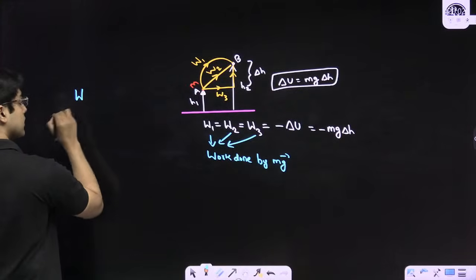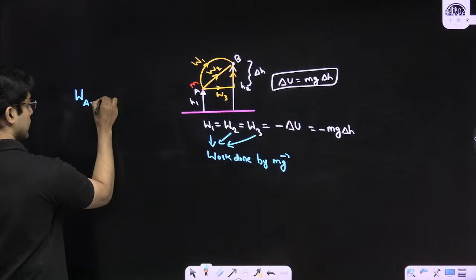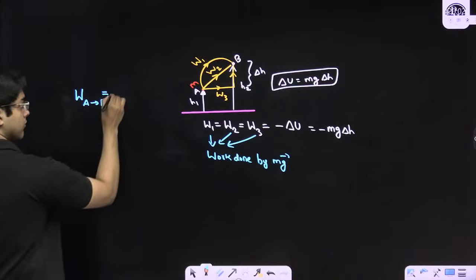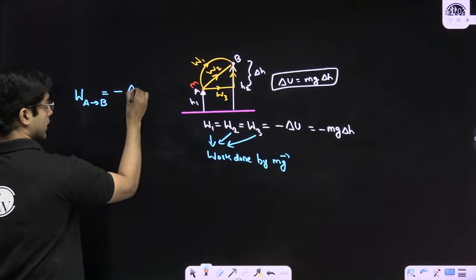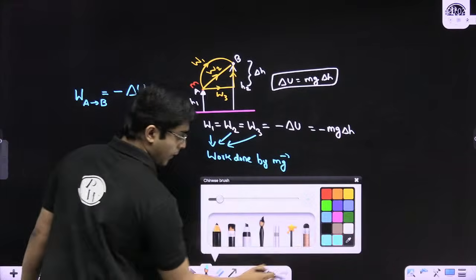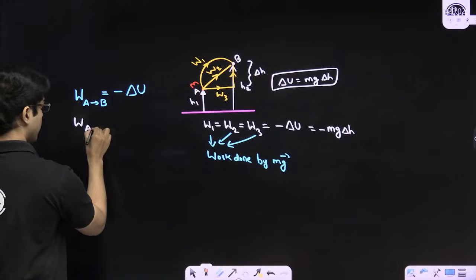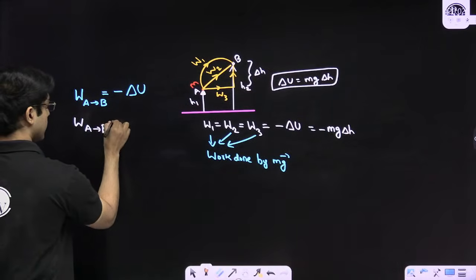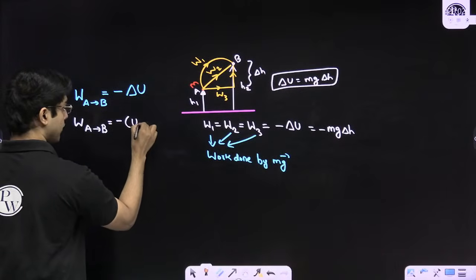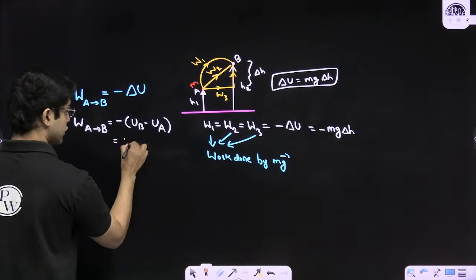So the work done by the conservative force from some point A to some point B will be negative delta U. This minus sign is also important. So work done from A to B will be negative delta U, meaning negative U final minus U initial, which is U initial minus U final.